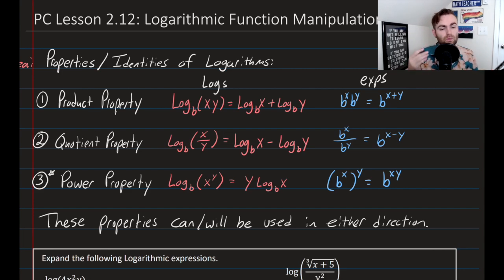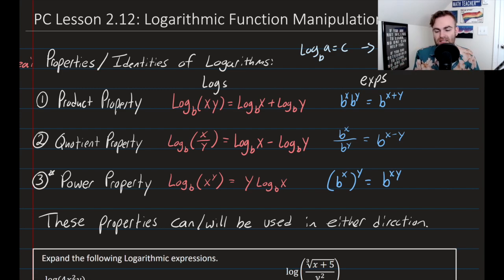Why does this work? Well, if we think back to exponentials, remember that a logarithm is essentially an exponent. If log base b of a is equal to c, that means b to the power of c is equal to a, meaning that a logarithm is essentially the exponent in the original equation. When it was rewritten as a logarithm, the exponent moved down to be on regular playing field.